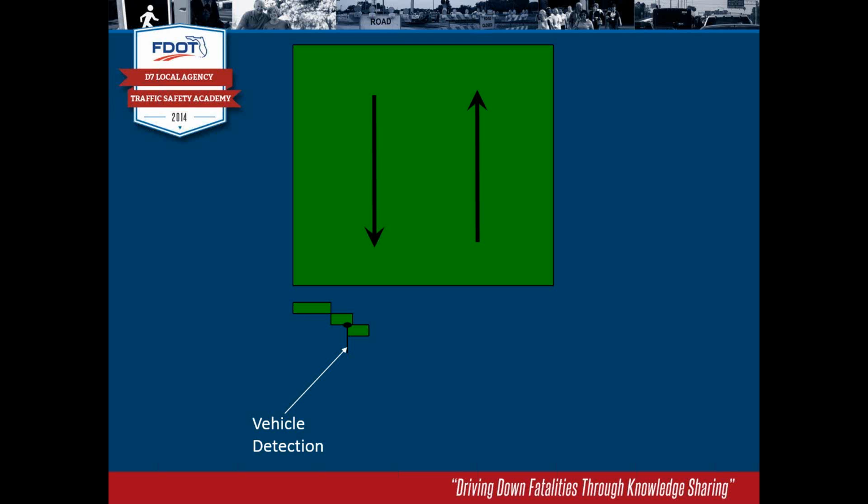Then every time a vehicle is detected, it starts back at 3. So it's counting down 3, 2, and then a vehicle is detected, it goes back and resets to 3, and starts counting down again, 3, 2, and so forth. And as another vehicle gets detected, it again goes back and starts at 3. So as vehicles get detected, it's counting down 3, 2, 3, 2, 1, 3, 2, and so forth, as it just keeps adding 3 more seconds after a vehicle runs over the detector and gets detected.